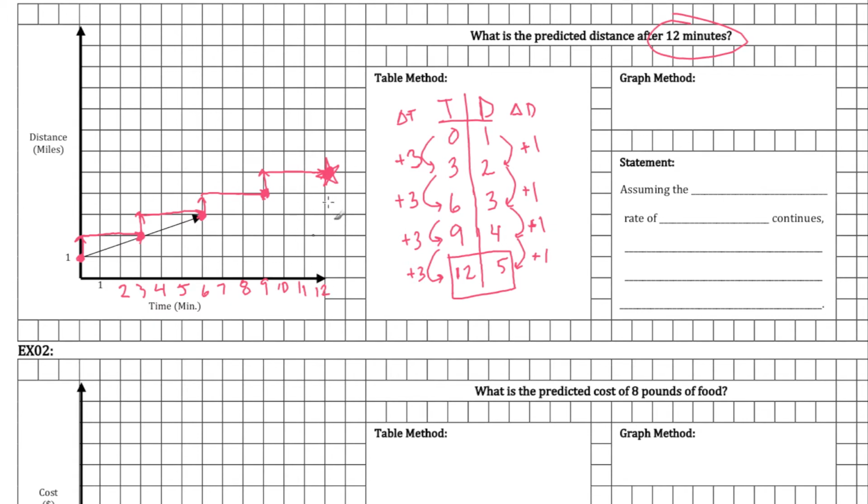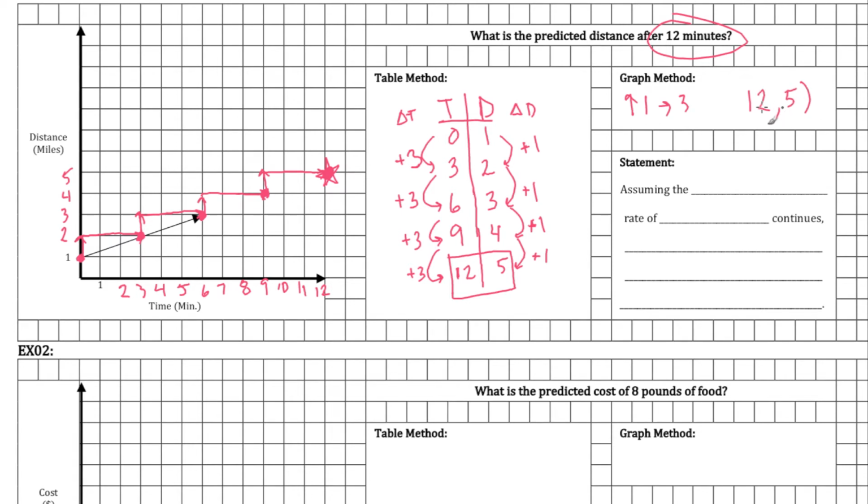This is the location of the point that shows 12 minutes goes with 5 miles. So I'm just going to show that I went up 1, right 3, and it got me to 12, 5.